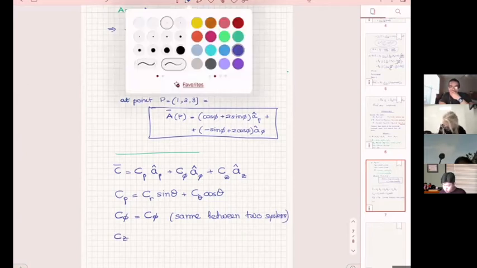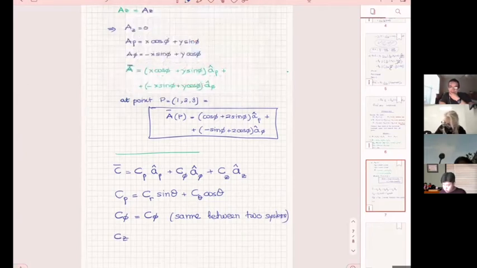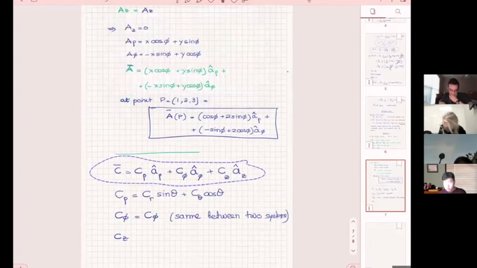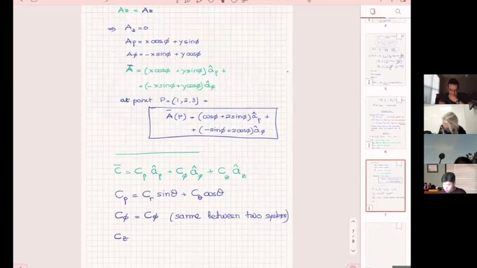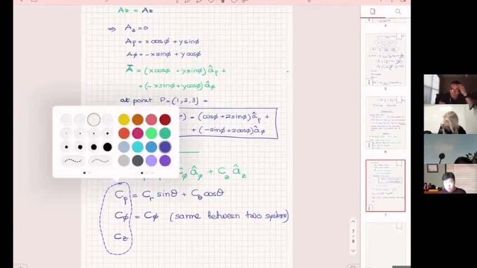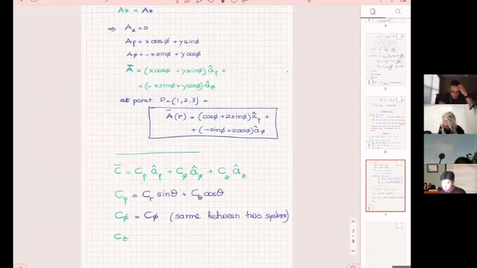That's why it was good to use a different color, so we know what it is. Okay. And C sub z will be C sub r cosine theta minus C sub theta sine theta. Okay.